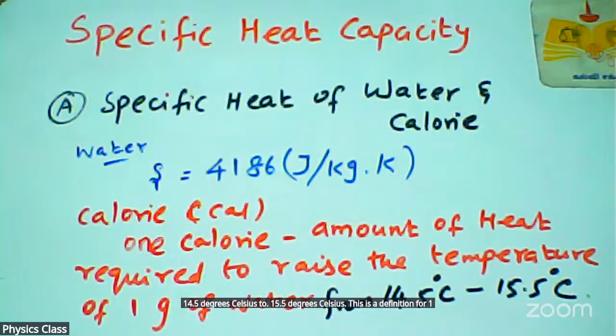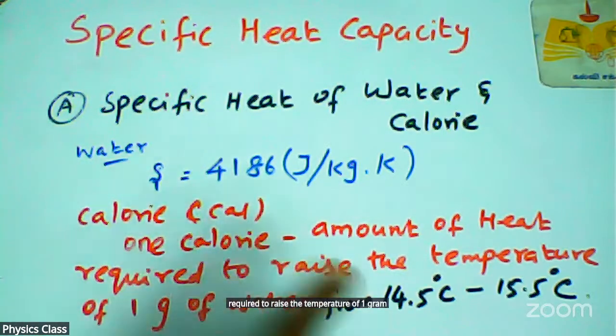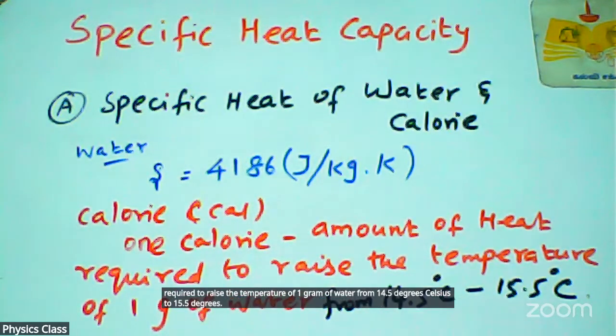Note it down, very important short answer. 1 calorie is the amount of heat required to raise the temperature of 1 gram of water from 14.5 degrees Celsius to 15.5 degrees Celsius.